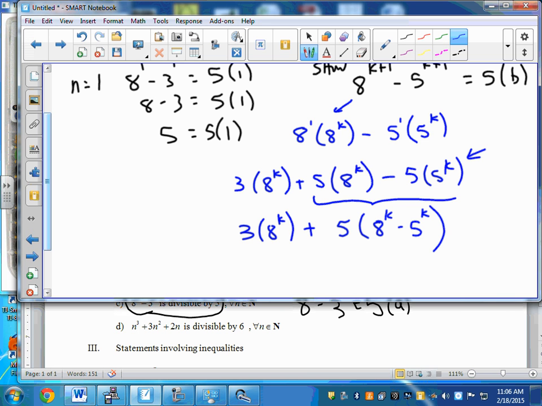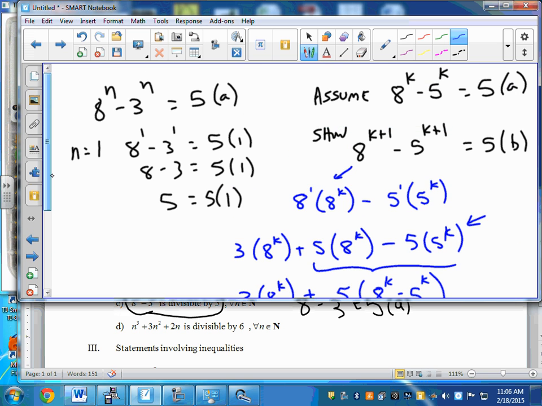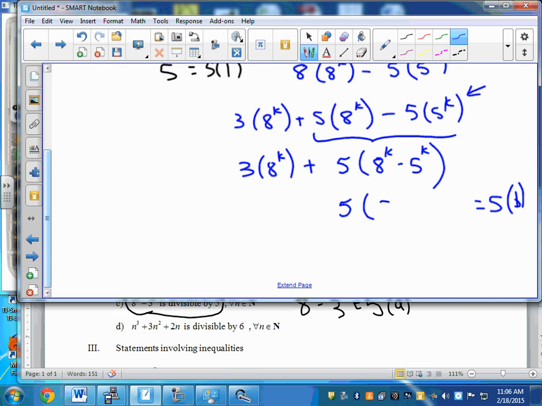Somehow this has got to be equal to 5 times some quantity. And this is obviously 5. We know 8 to the k minus 3 to the k is 5a. So 5a, we've got that. But how are we going to get this guy out of there? I'm not sure yet. Okay, so I'll play with this one and get back to it. Okay, let me check my time.